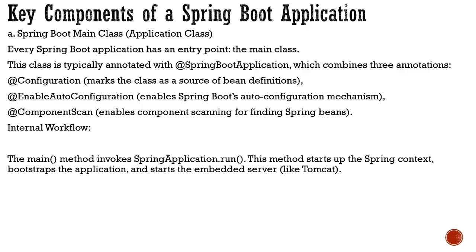So it will auto configure whatever it finds in the class path, right? Libraries. Now @ComponentScan will scan your class path for any beans defined. It will check for all those particular beans and load them from the class path, basically from certain packages, whichever are defined in the @ComponentScan, right?